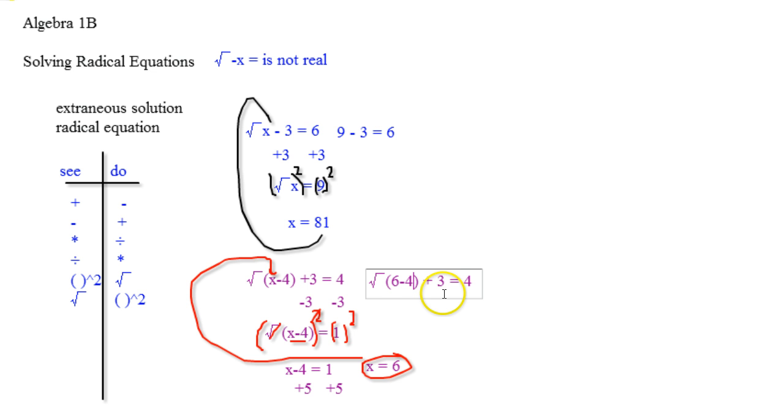Okay, well, 6 minus 4 is going to be the square root of 2, and the square root of 2 plus 3 is actually not 4. Okay, so what happens when you have this is you're going to have no solution. You're going to have no real solution.